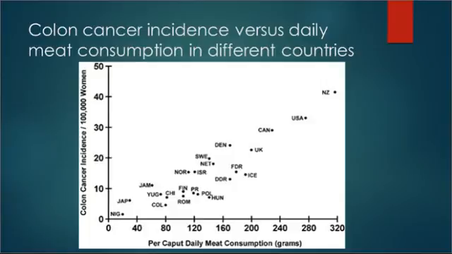But if we look at the United States, which is higher up, the United States in general, on average, has a very high meat consumption and also has a very high colon cancer incidence. So with this type of study design, we can look at overall rates within different countries or within different areas and better understand if there might be an association or a reason for further study.